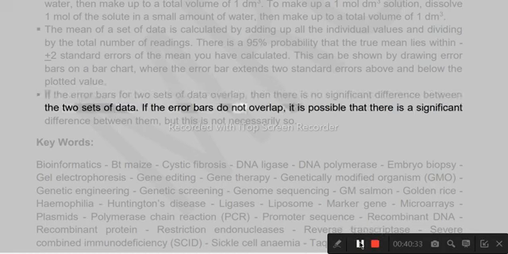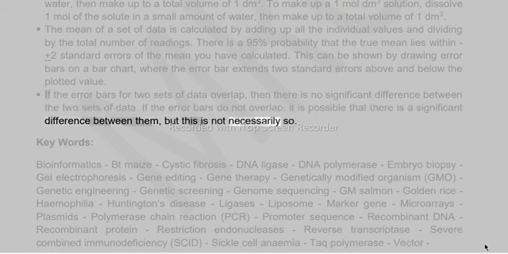If the error bars do not overlap, it is possible that there is a significant difference between them, but this is not necessarily so.